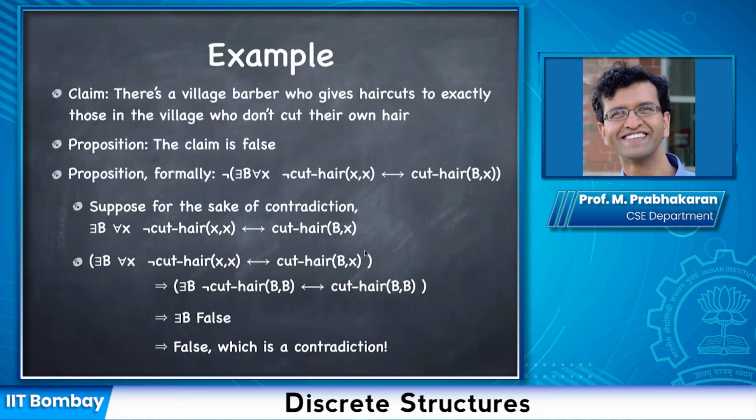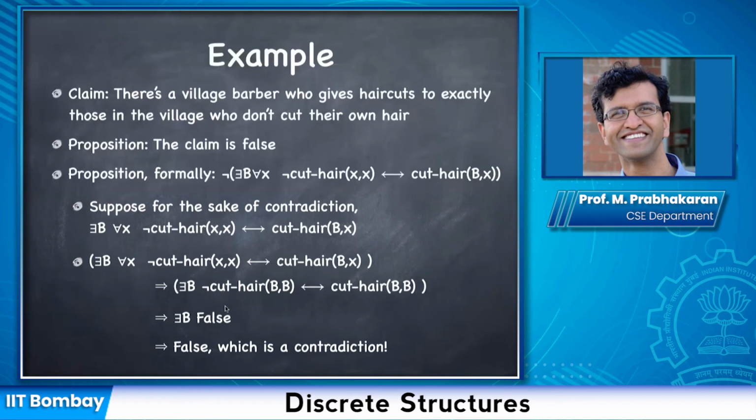Right? So this claim that for all X this holds implies that in particular for B this holds. So what does it say now? It says not cut hair BB, because X is B, if and only if cut hair BB, because the second B comes from the X here, right?